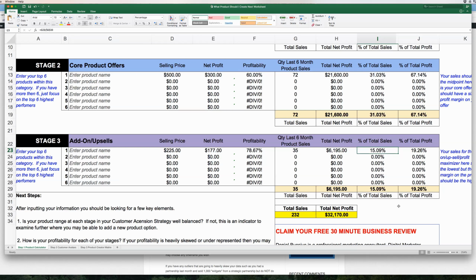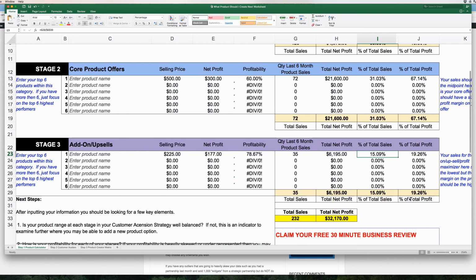And then it's going to show you the percent of total profit that's attributed to your entire profit. So percent of total sales over your entire product sold, and the percent of profit contribution to your total net profit for each category. I hope that makes sense. If not, just ping me with a question, but it should make sense.